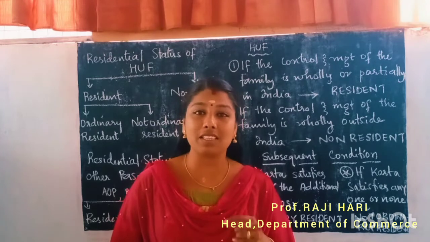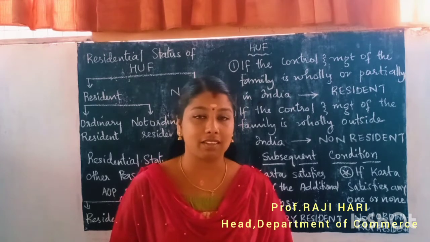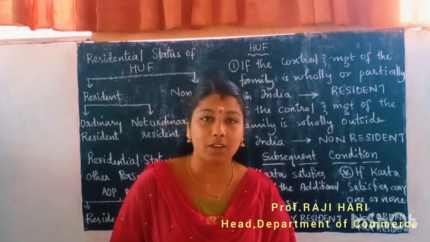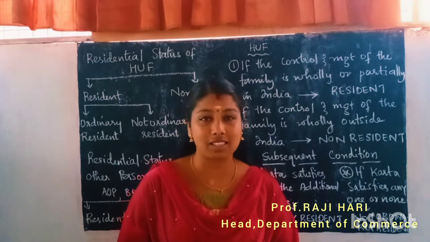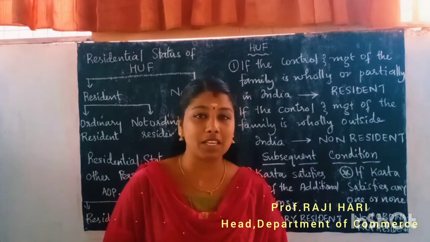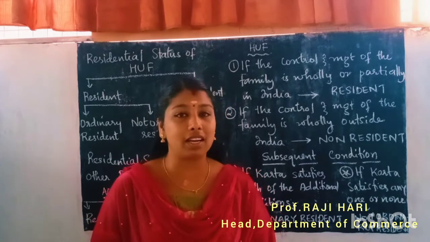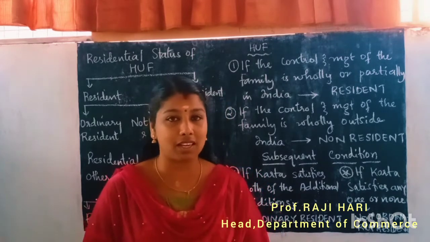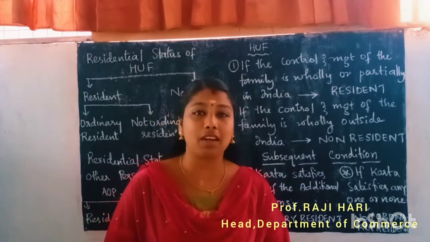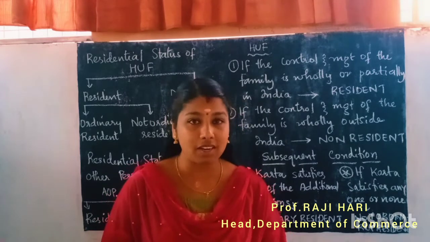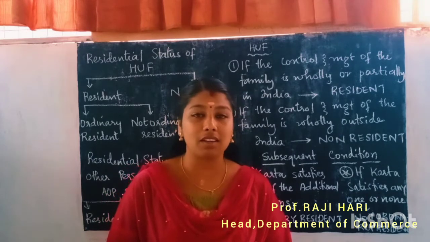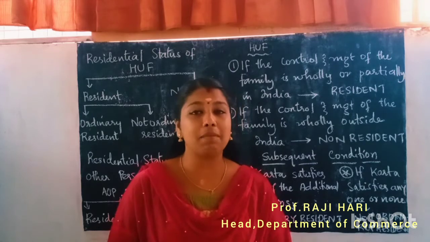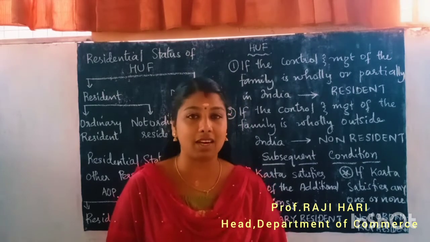And if a person is resident, we again check whether he is ordinary resident or not ordinarily resident. And section 6 subsection 6 provides two additional conditions. The first one is he was in India for a period or periods aggregating in all 730 days or more out of 7 years immediately preceding the previous year.